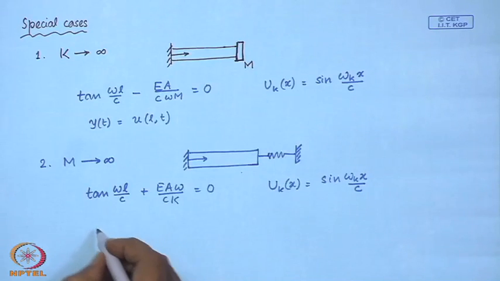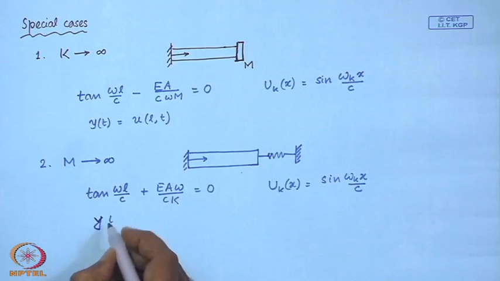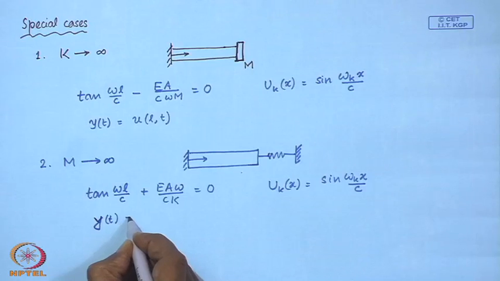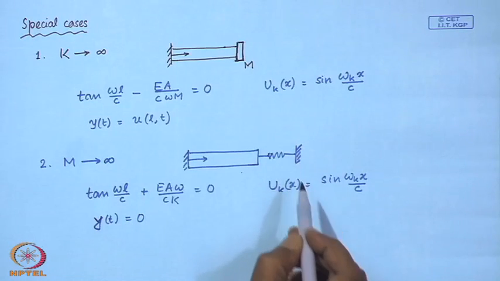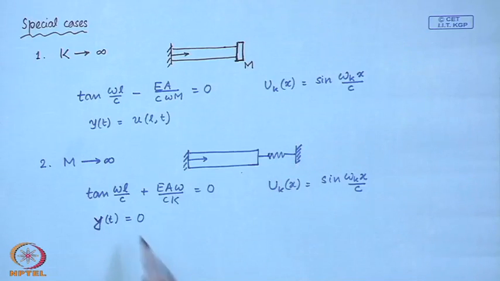In this case, of course, since the motion of the mass vanishes, y of t becomes 0.